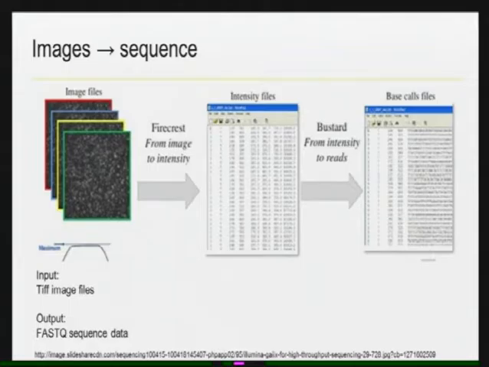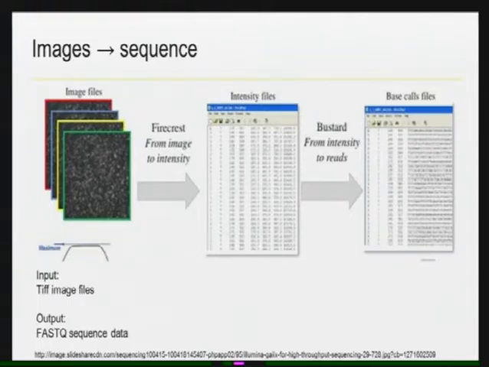It's showing here the 4 colors for the 4 bases. So you're going to get a numeric value at each cluster location for each base, and then that is converted into sequence. Then what you get on the far right are your FASTQ files.